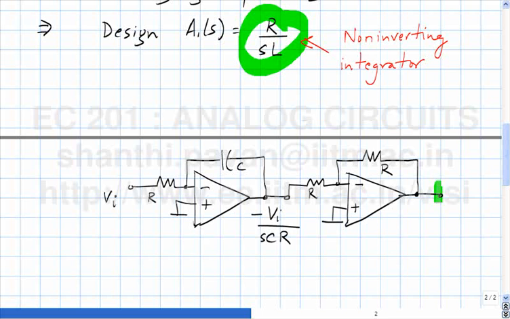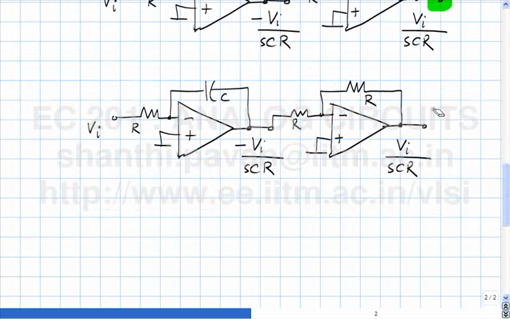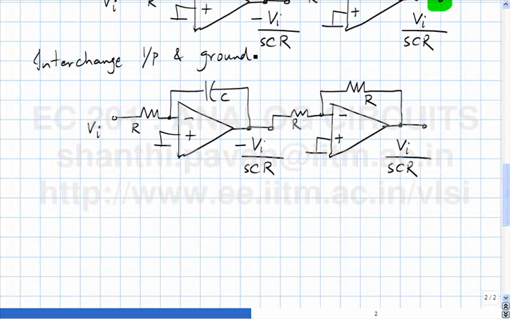So the voltage here will be plus Vi by SCR. Now if I want 1 minus 1 by SCR, what should I do? Interchange input and ground. So whatever was the input must now become ground.